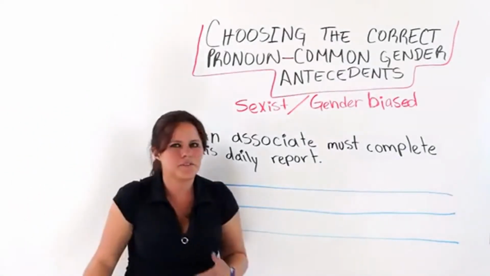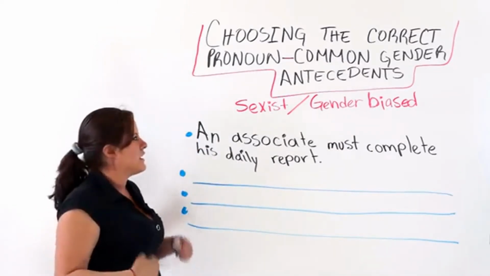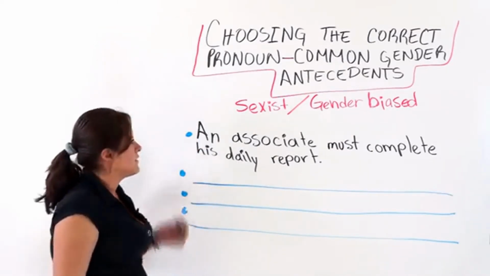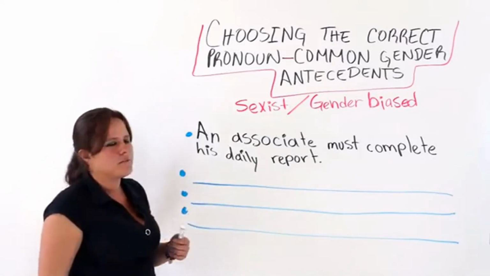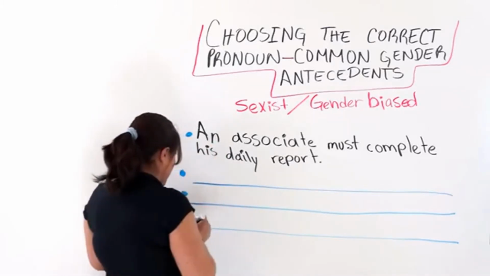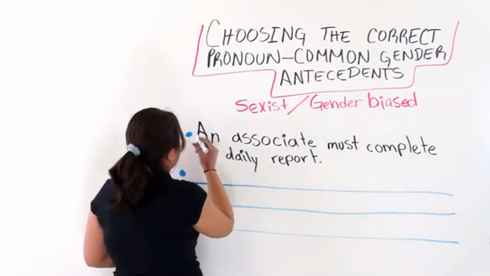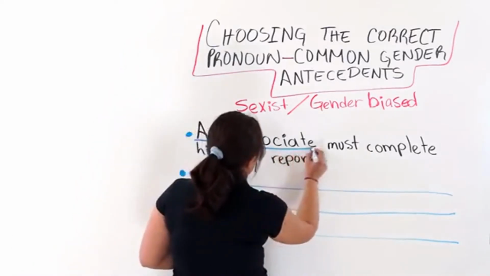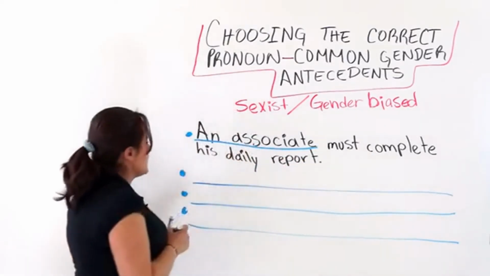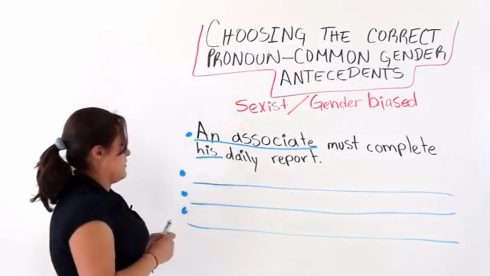Now we have this example sentence, which may be considered sexist or gender-based, because an associate is a gender-neutral noun, and we are using a masculine pronoun.